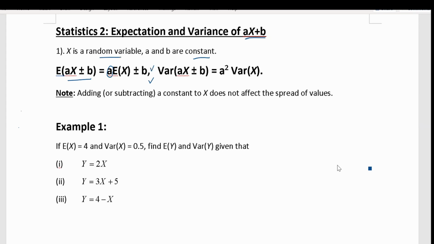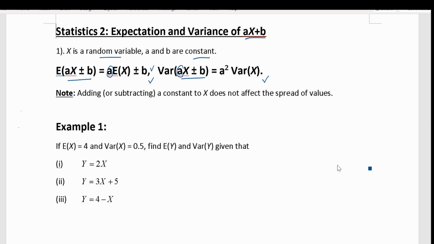the back. But for variance of aX plus or minus b, what we see from the formula here is we just have to take out the a and then square it. At the same time, the plus and minus b, we ignore. And why is that so?